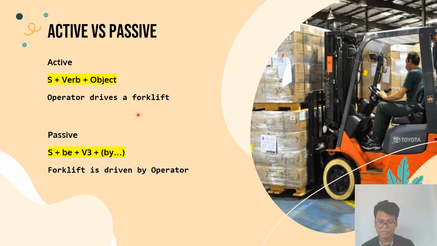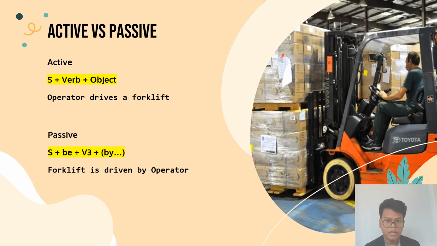For the verb, don't forget that in the present tense the verb must be added with S or ES. The example is drive, we add S. But in the passive, the verb 3 is driven, the verb 3 from drives.